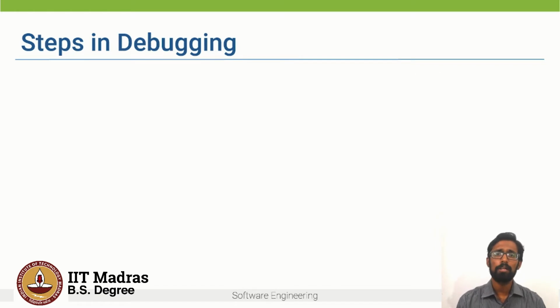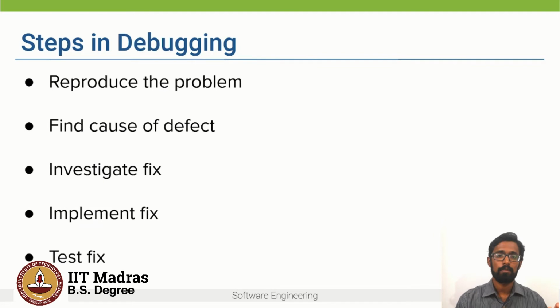So what are the different steps in debugging? Well, these are the broad steps and it is quite intuitive and obvious, right? So in order to debug a fault, we have to first reproduce a problem, or for a particular input, maybe the program is deviating from the intended behavior.